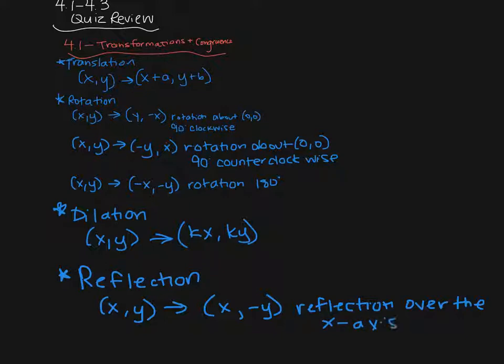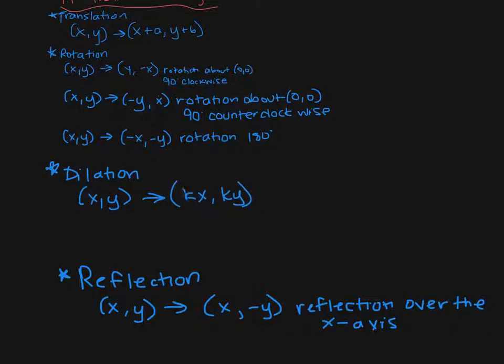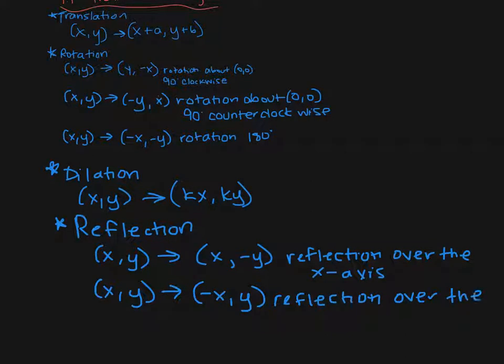So if the sign changes on the y, it's the x-axis. And if the sign changes on the x, then it's over the y-axis. So it's the opposite axis from the letter that's being changed. If the x is being changed, then it's over the y, and if the y is being changed, then it's over the x.